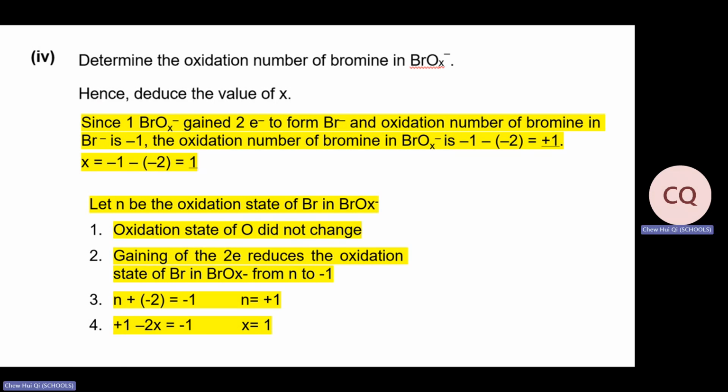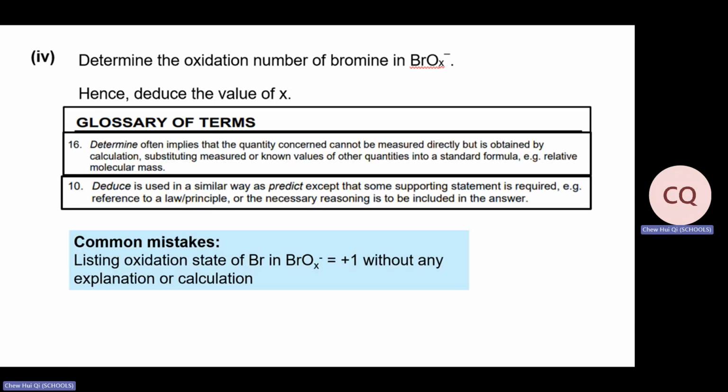Now, you might be thinking, teacher, I wrote the correct answer, how come I only get 1 mark? According to Cambridge, I pull out the glossary of terms for you. The word determine means that you need to obtain the answer via calculation. So if for the first part you did not calculate at all, you just tell me the oxidation state of bromine in BrOx minus is +1, I cannot give you the mark, because the word determine requires calculation from you.